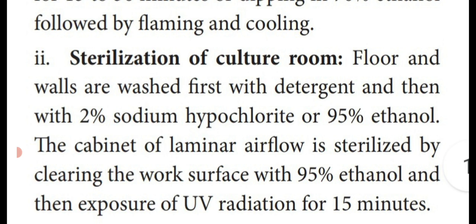So first we have to wash the floor and walls with a detergent or a soap powder, followed by 2% sodium hypochlorite or 95% ethanol. Then the cabinet of the laminar airflow chamber, it is a container like a fridge. The inner side has many trays.